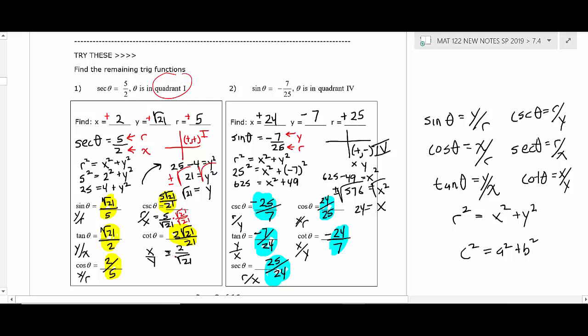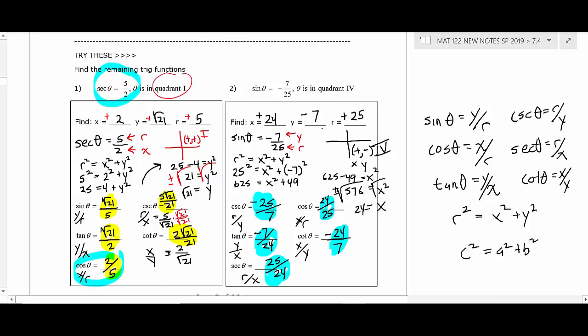Cotangent is the reciprocal, so it's 2 over root 21, and then rationalize. Finally, the cosine's x over r, so it would be 2 over 5. And notice in this problem, I gave you the secant, so the cosine's automatic. You don't have to work anything out, you just do the reciprocal.